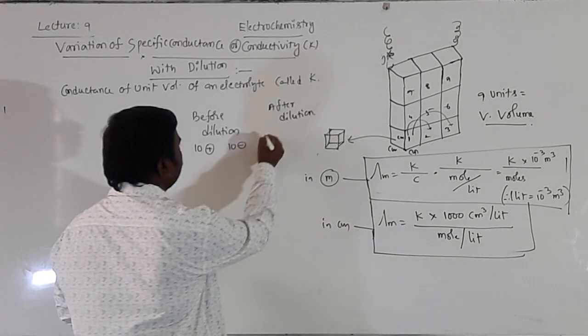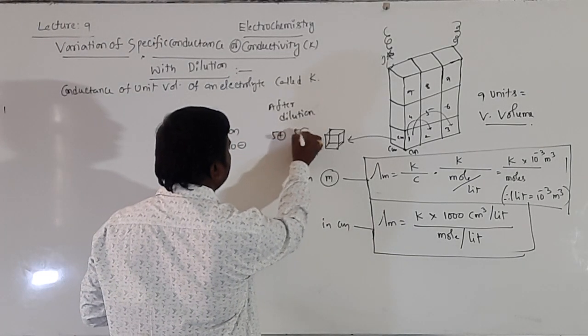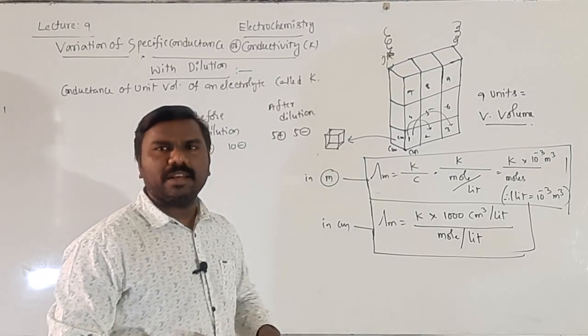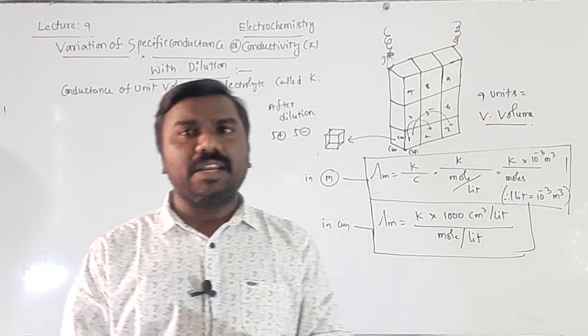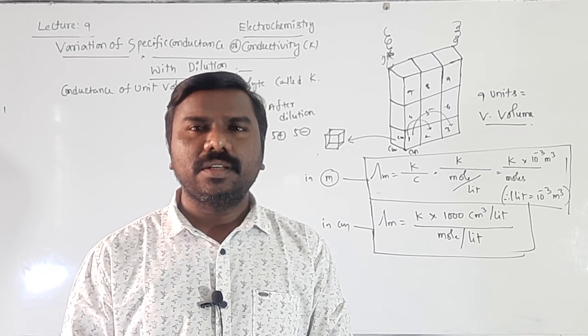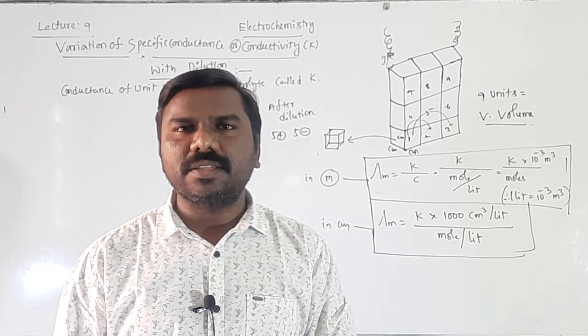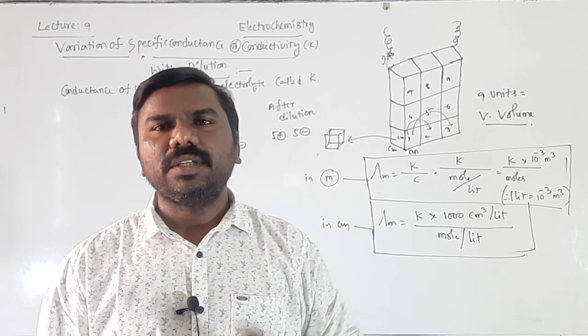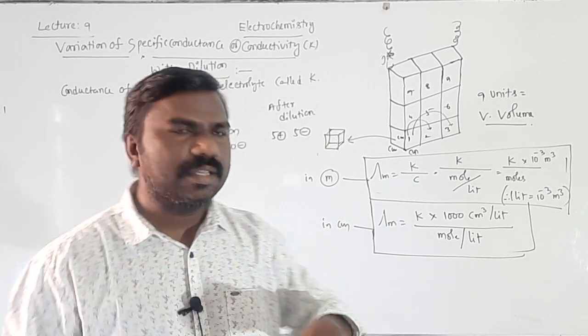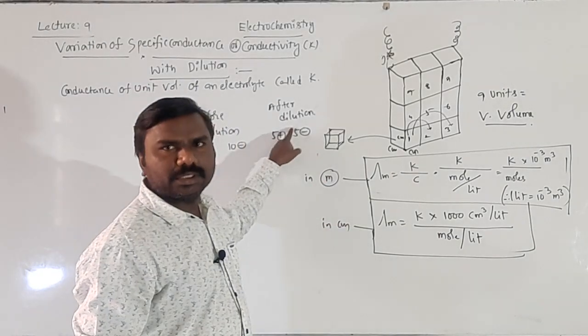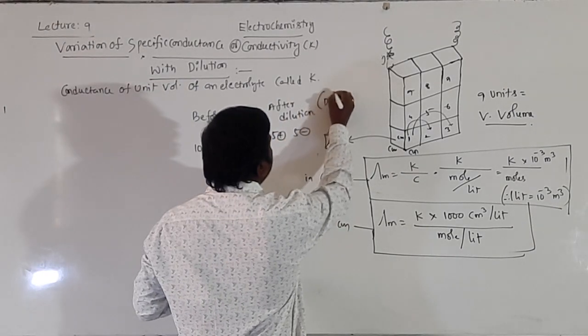After dilution, obviously it becomes 5 plus and 5 minus, 5 cations and 5 anions. Number of ions decreases, conductivity also decreases. How does the number of ions decrease? Because of addition of water. Addition of water is called dilution. Dilution increases.